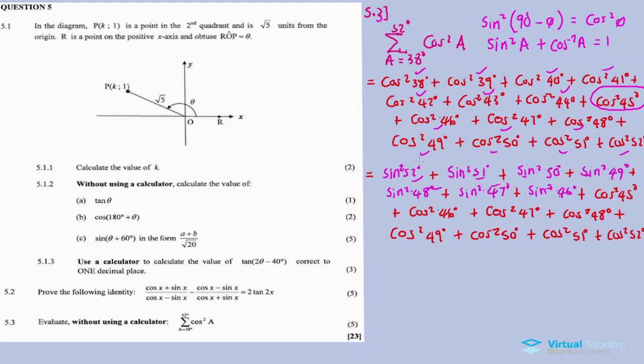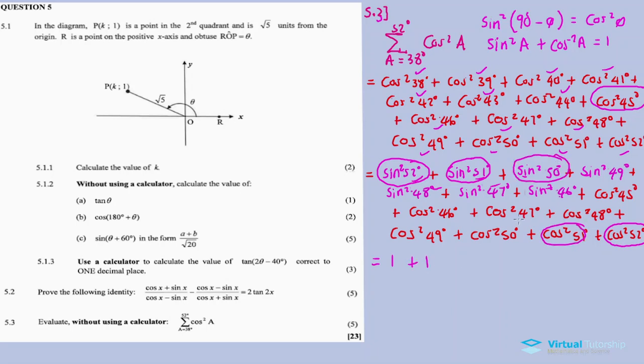Look now. I combine this one with this one. It's this identity: sine squared plus cos squared. Here it's sine squared 52 degrees plus cos squared 52 degrees is equal to 1. This one and this one gives me 1.